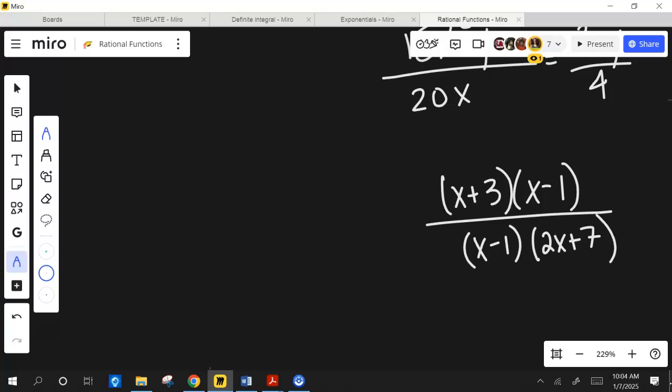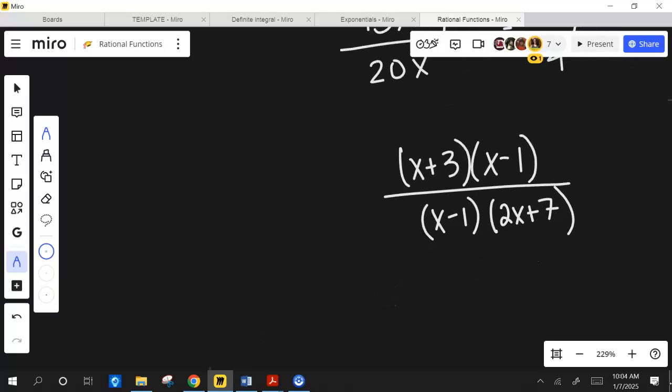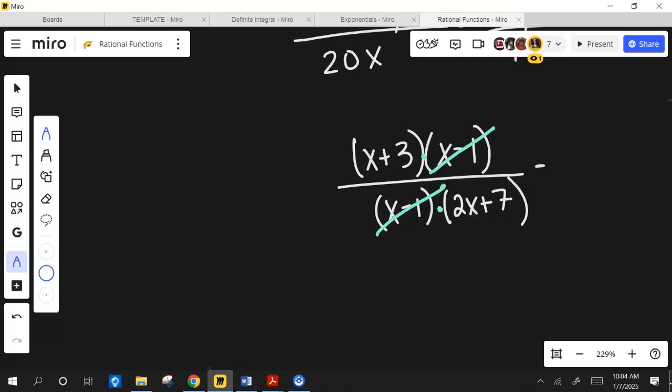What's going to cancel out? The x minus 1s, because still at the end of the day, this is multiplied, right? So I can take out this whole chunk. Did we get to this at all? I felt like we did in one of the classes, but not in the other. Okay, that's okay. So this would simplify to x plus 3 over 2x plus 7.